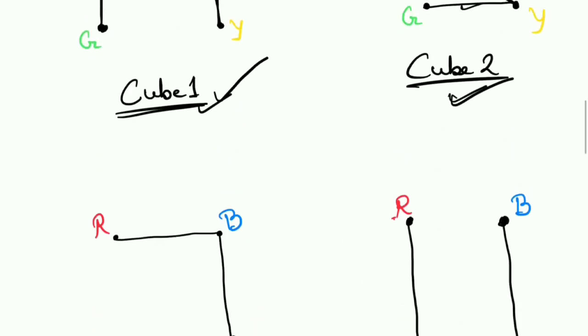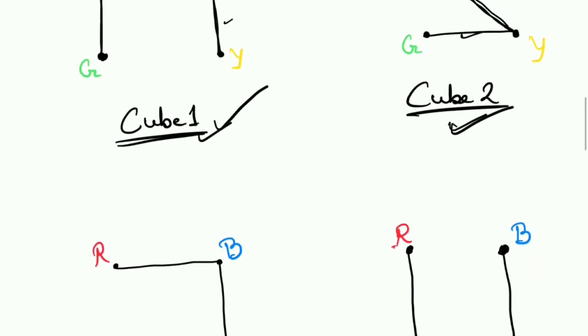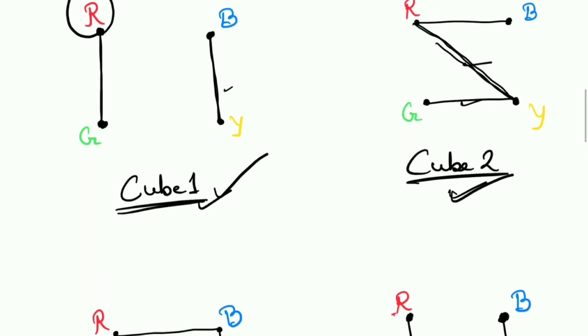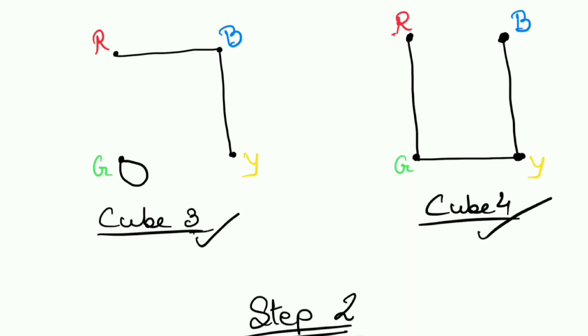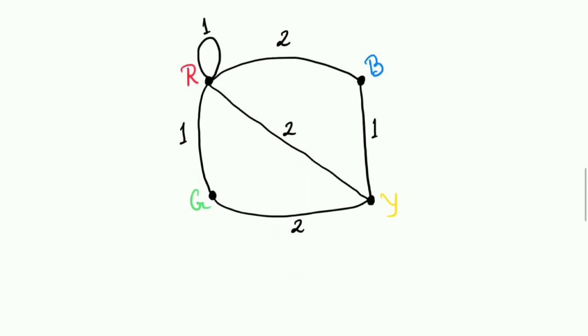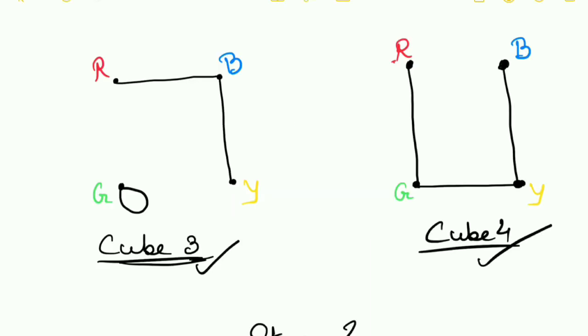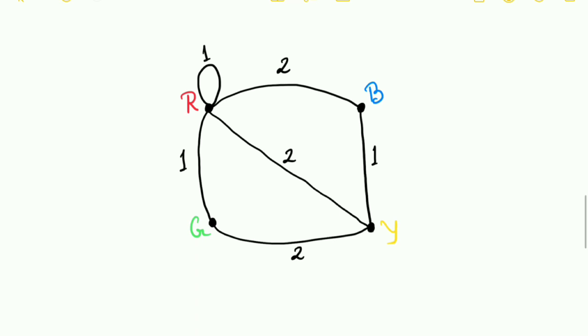So we have considered cube 2 for drawing the graph in step 2. Now we will go to cube 3. In cube 3, red and blue is connected, so we will connect the red and blue vertices and name it as 3 as it comes from cube 3.